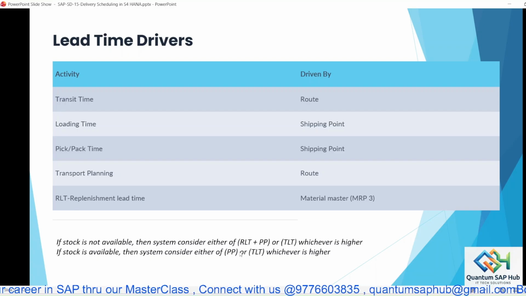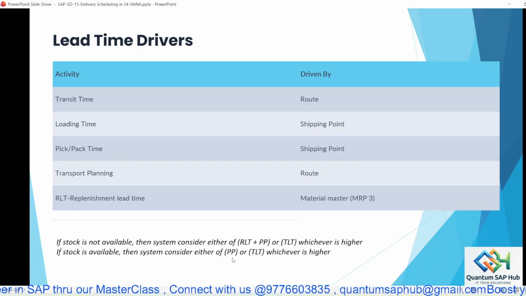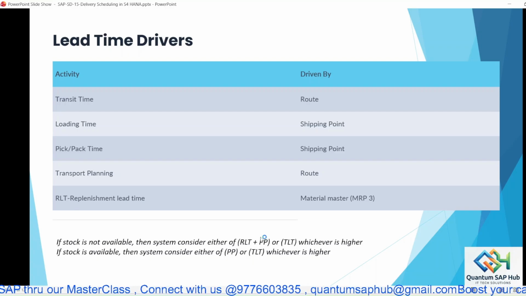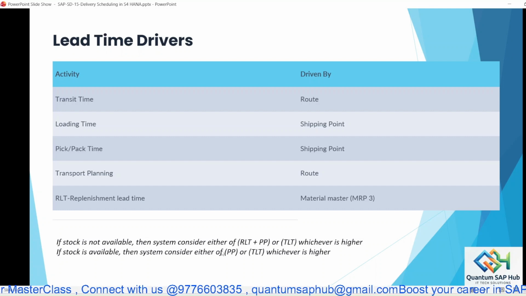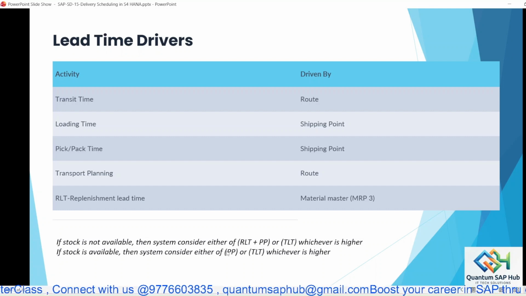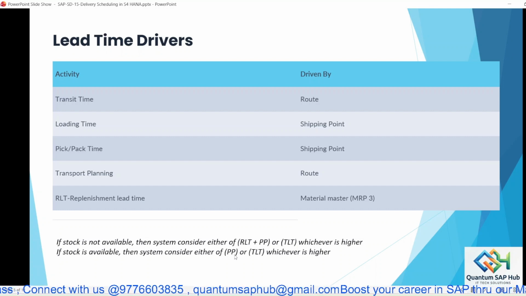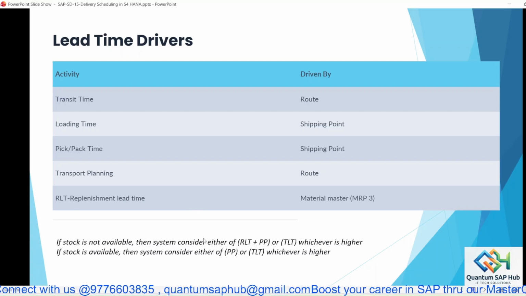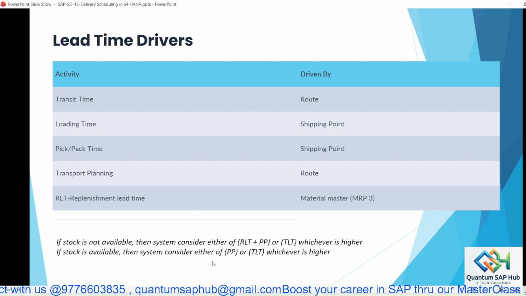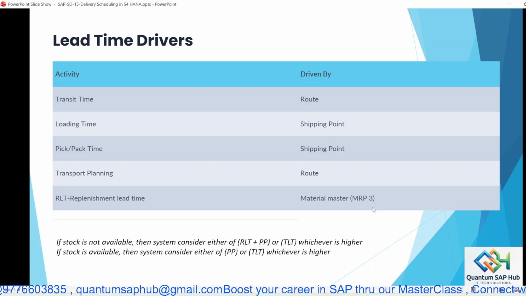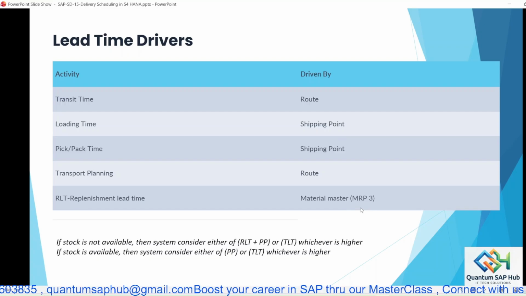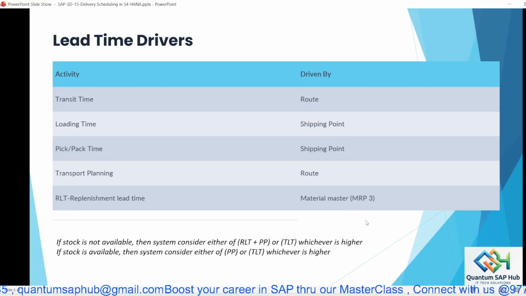So it will just calculate these days as customer requested delivery date minus this date. Suppose 15th, this becomes 2. So 15 minus 2, 13. So on the 13th the stock is available.